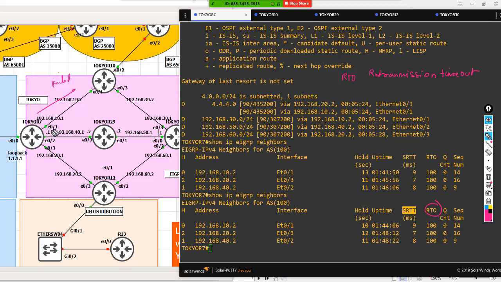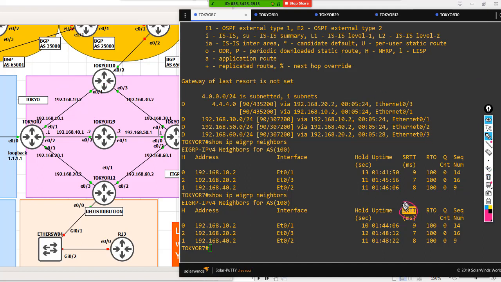Now what your router is going to do is send a unicast packet immediately, and the other router will send the acknowledgement. This particular movement is called retransmission. It happens when there was a drop in the multicast packet, and the router has to send a unicast packet and wait for the acknowledgement.